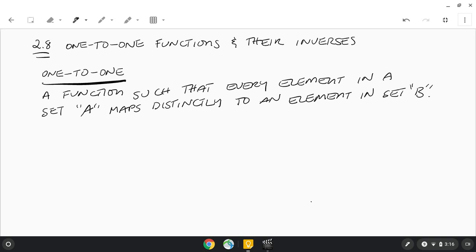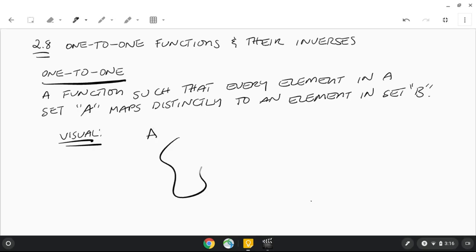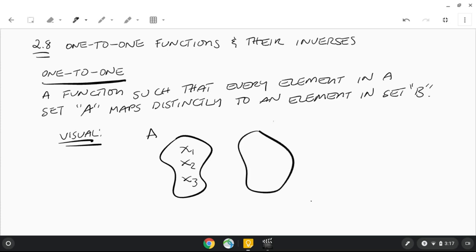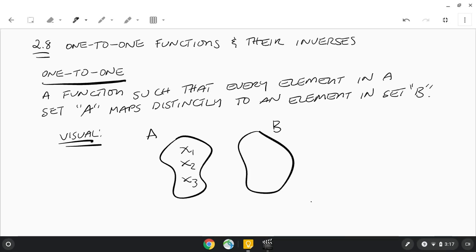Okay. So here's a visual. Suppose that I have my domain here, x1, x2, x3, and here's my set B. So this here would be an example of a function that is just a function, but not one-to-one.